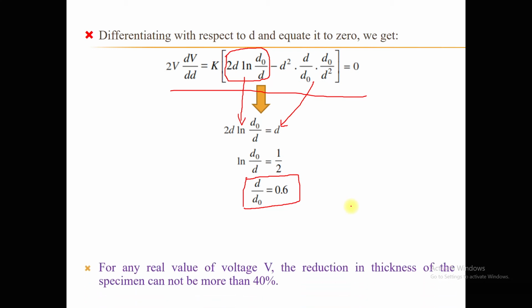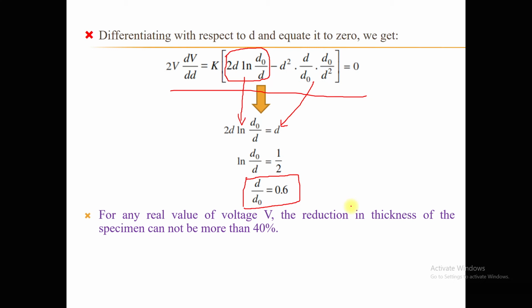of d0. It means that for any real value of the voltage, the reduction in thickness of the specimen cannot be more than 40%. Okay, d0 indicates the initial thickness, when there is no compressive stress, and d represents the thickness achieved by the solid dielectric or the specimen when it is subjected to the high potential.